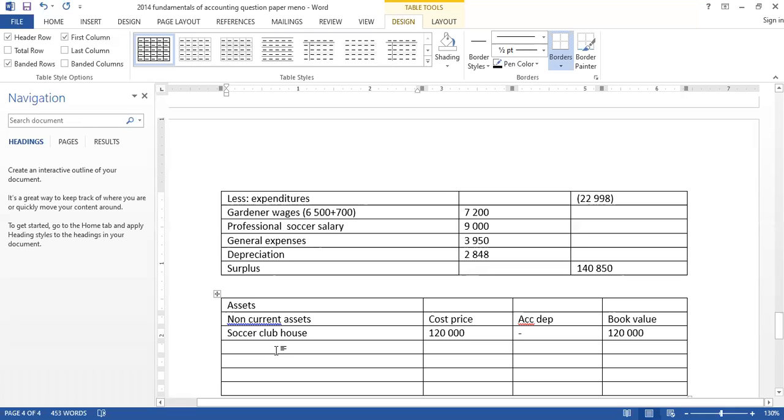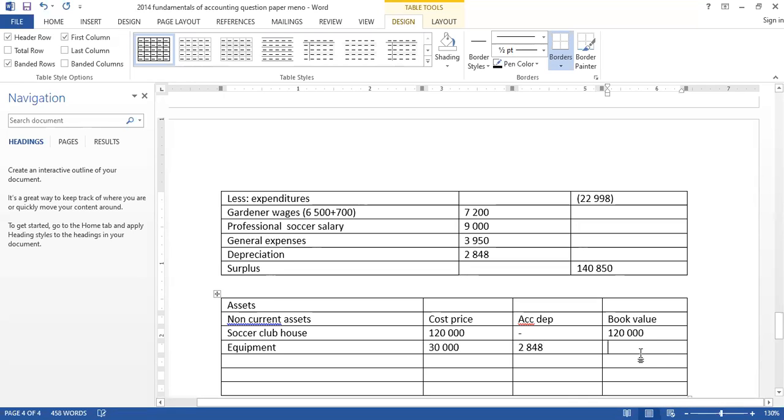And then the next one we have is equipment. Our next fixed asset is equipment. So the cost price of equipment was 30,000. We do not have previous year accumulated depreciation, so we only have depreciation for this year. So provision for depreciation was 2,848.